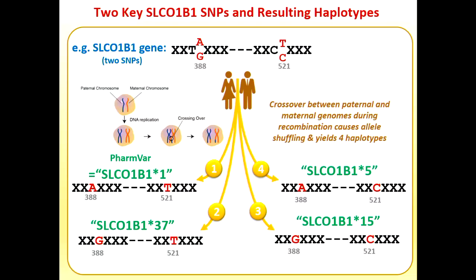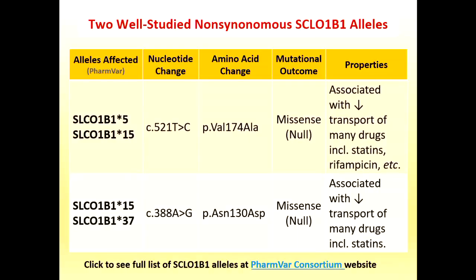Okay, so these are prevalent in human populations, and their frequency varies according to ethnicity and geographical distribution. So why are these particular alleles important?